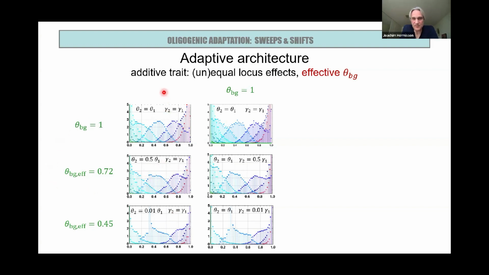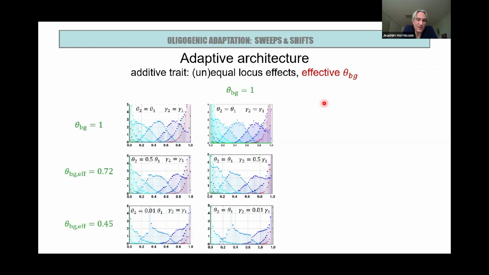This may be behind it. Now, if this is the case, then one could think that maybe we can compensate for that by increasing just the mutation rates at these small loci. But what we also could do is not increase the mutation rates, but add standing genetic variation.